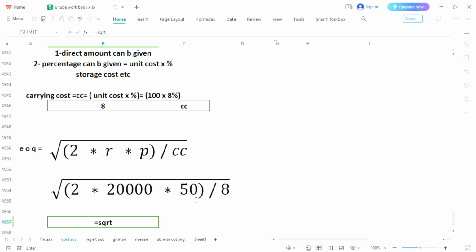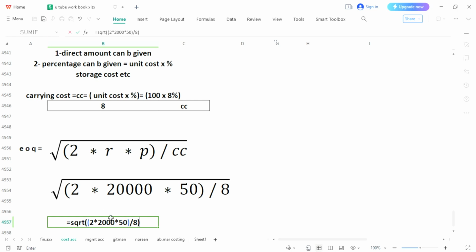You will get the answer, and they take the under root of that answer. And what I am doing is the same thing, taking the under root of what is present in our statement. It is 2 multiplied with 20,000 and again multiplied with 50, then bracket close, divided by 8, and final bracket.